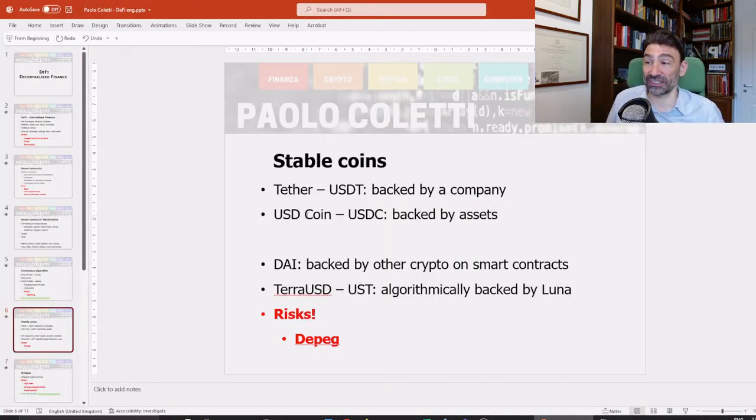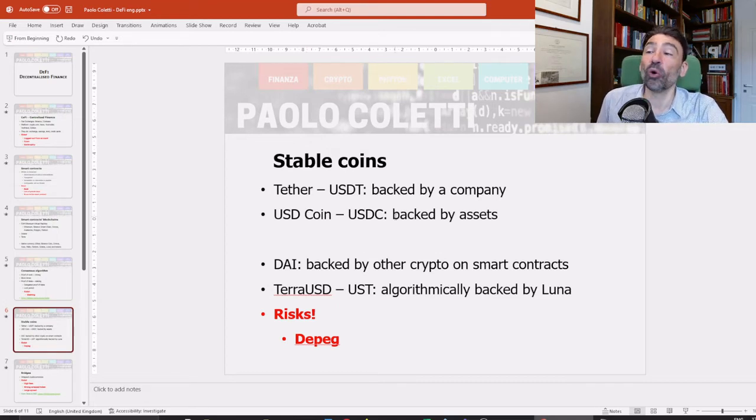Another famous one is USD Coin, USDC. This is similar, but it's backed by crypto assets. So the companies which back it, which guarantee to exchange one USDC for $1, have Ethereum, Bitcoin, and a lot of other cryptocurrencies as a guarantee, much more than the amount of USDC around, so they are sure that even if the price of Bitcoin, Ethereum, etc. drops, they can cover very well all the value of USDC.